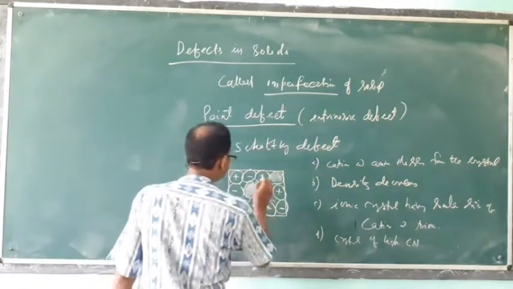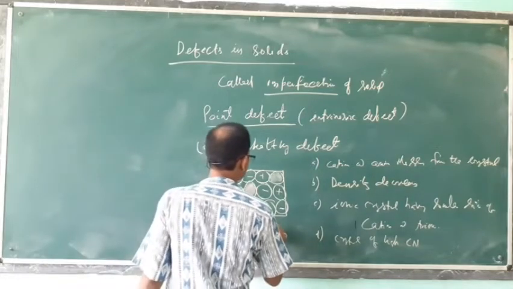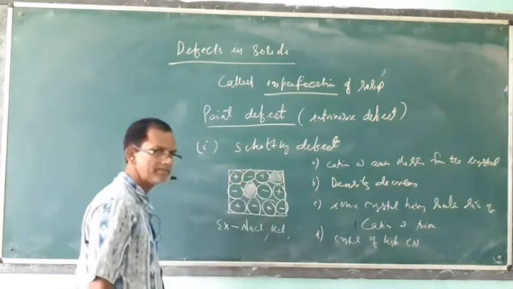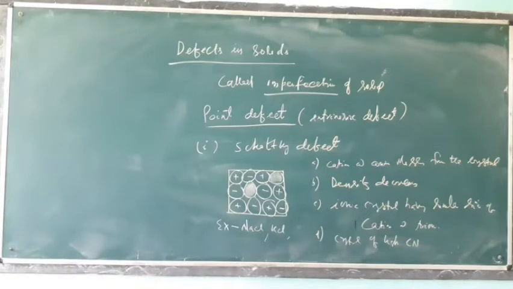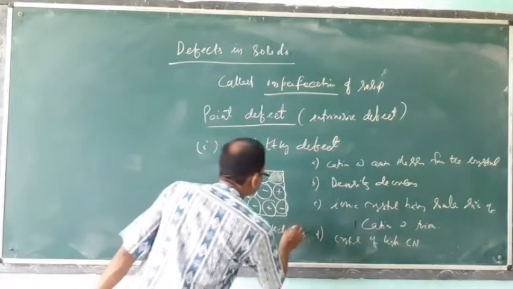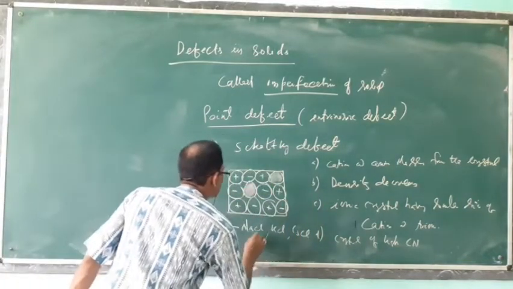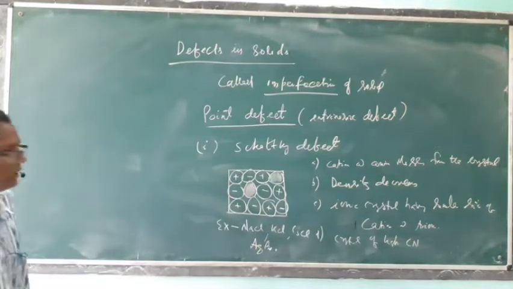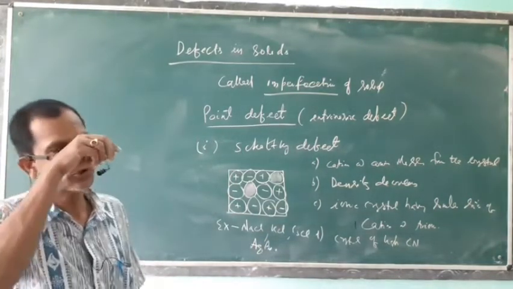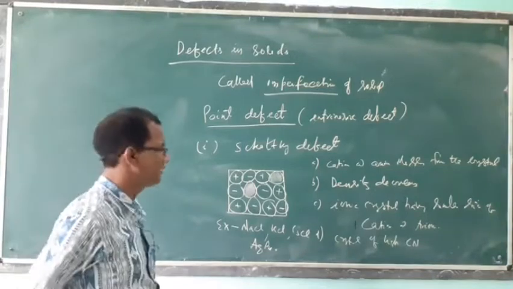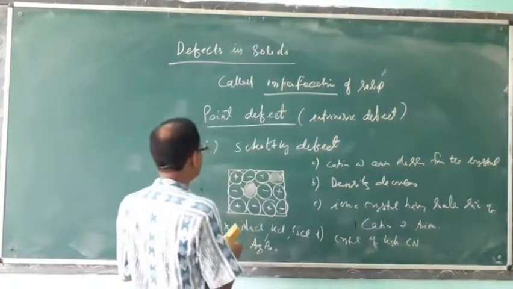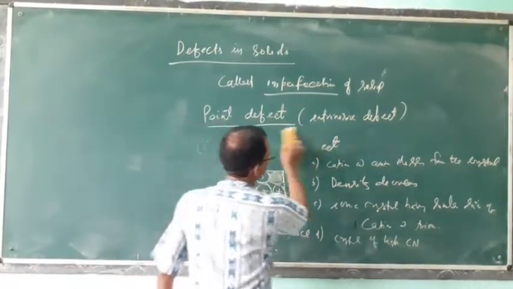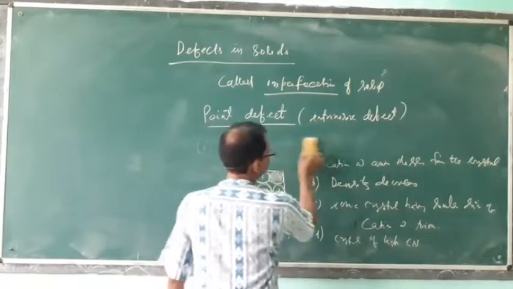Sodium chloride, potassium chloride, cesium chloride, silver bromide. This type of solids shows Schottky defects.